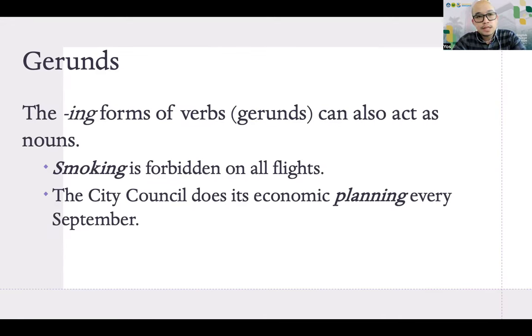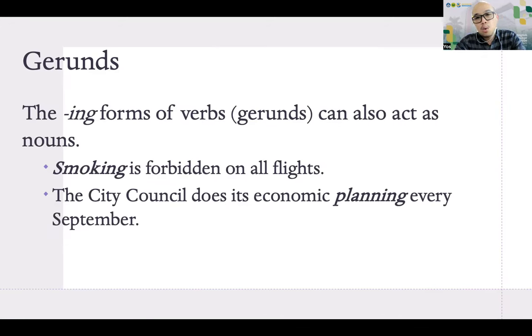So we can safely say that gerunds, the ing form of a verb, can also act as nouns in a sentence. If they act as nouns, they are considered nouns. What about the second sentence? The city council does its economic planning every September.